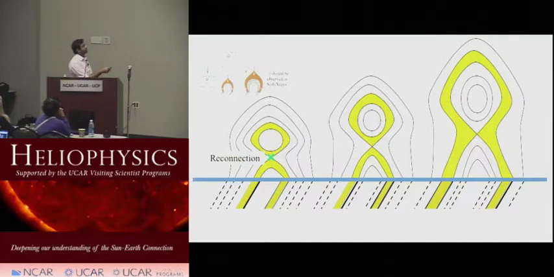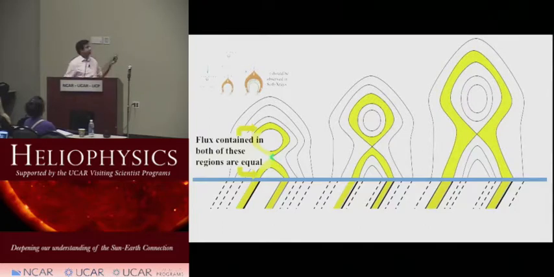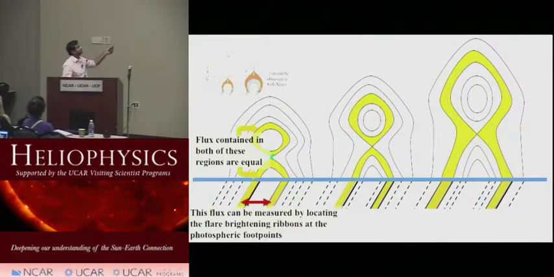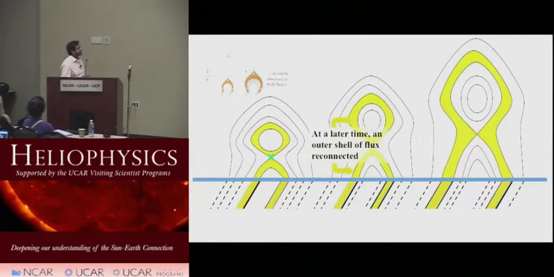And so if you know this is the flux that is also in the CME, you can measure the amount of flux that's coming out of the photosphere in the flare ribbons, and you can use that as a proxy. So the flux contained in both the top section and the bottom section of the reconnection are the same, and that can be measured by the flare brightenings.